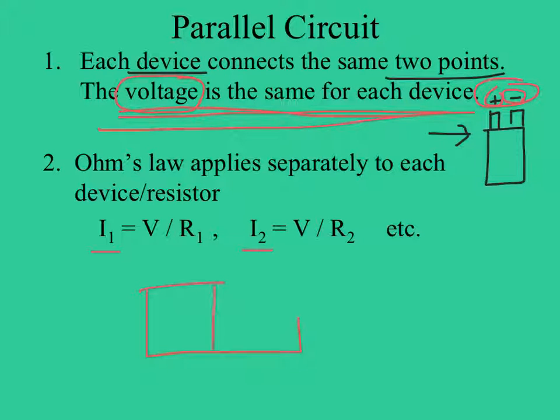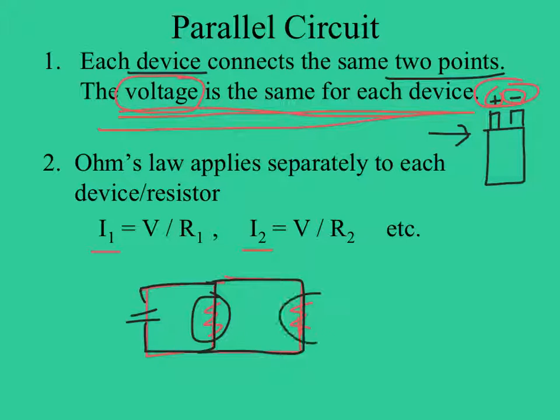If we have the option of another hallway, here's a resistor, and here's a resistor, and here's our battery, electricity can flow here, meaning this has a certain current because it's a resistor, and the electricity can flow through here as well. So they're each independent of each other.